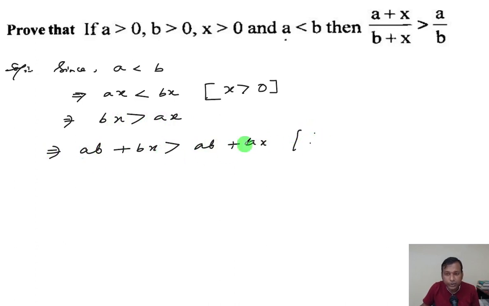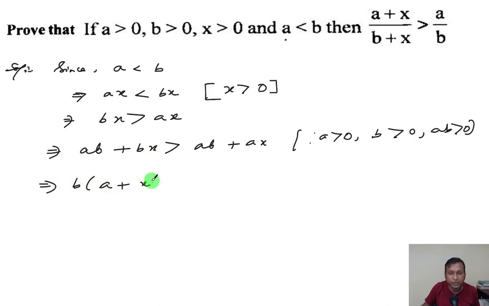We know since here a is positive, and b is positive, so ab is also positive. The product of two positive numbers is always positive. Here b is common, so b is taken common. Here a is common, so a is taken common.